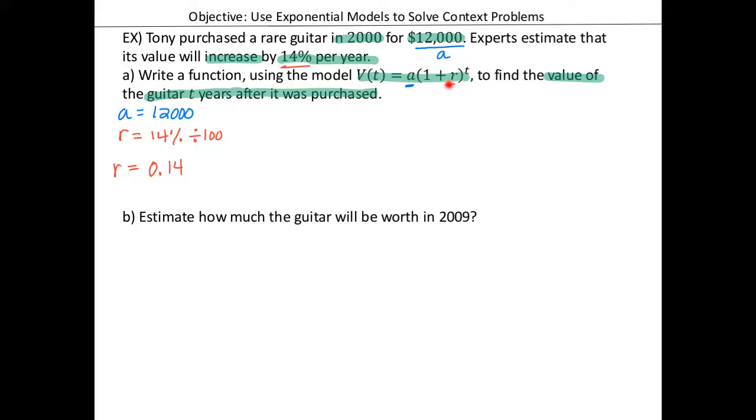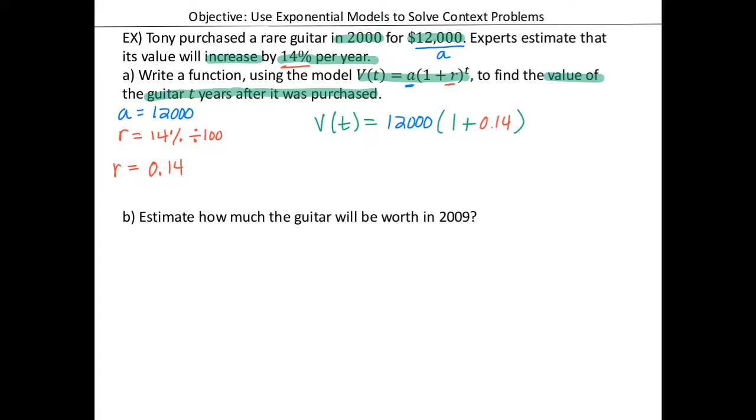So I have my A and I have my R, and I'm going to leave the T because I don't have my actual T value yet. So now I can just write my equation or function. It's going to be V of T is equal to my A value, which is 12,000, times parentheses 1 plus my R, which is 0.14.